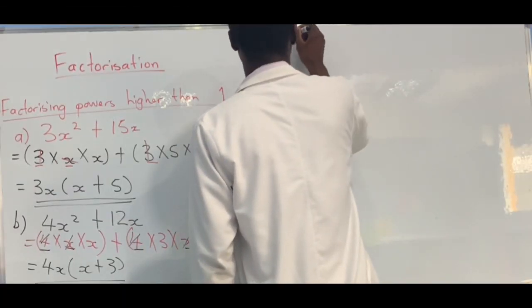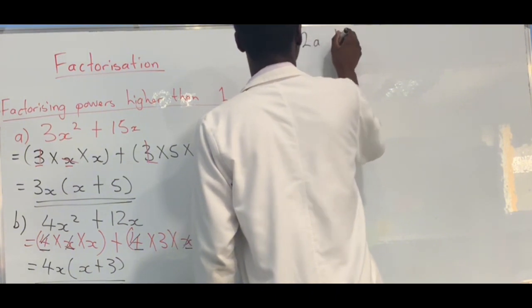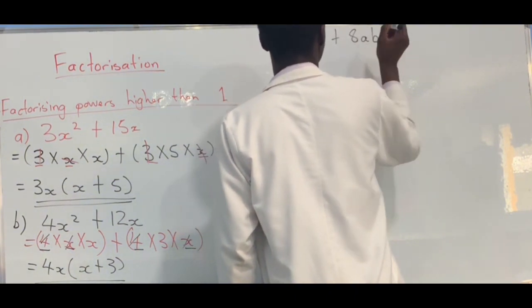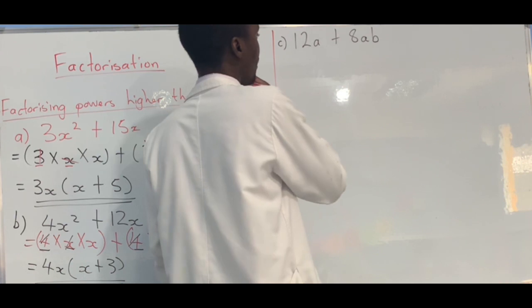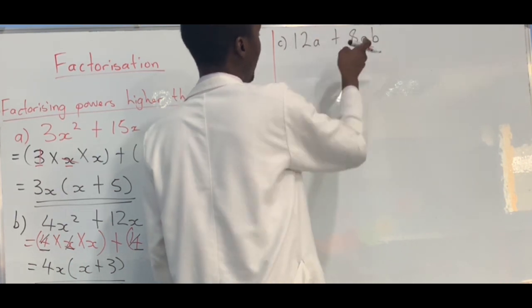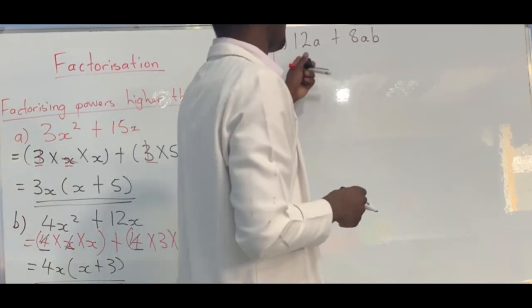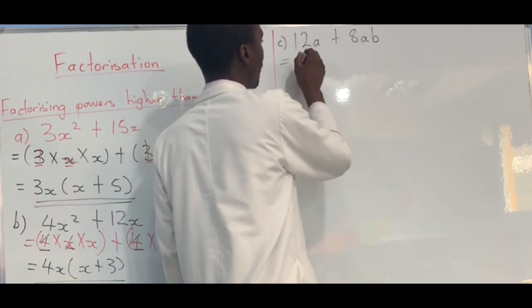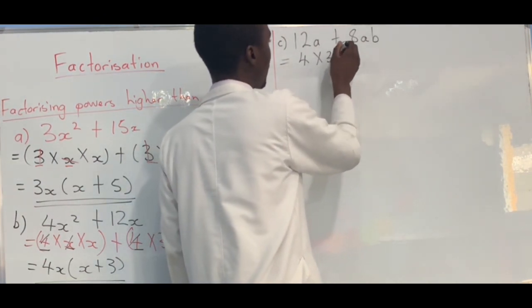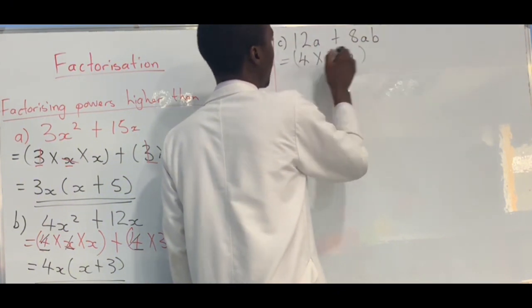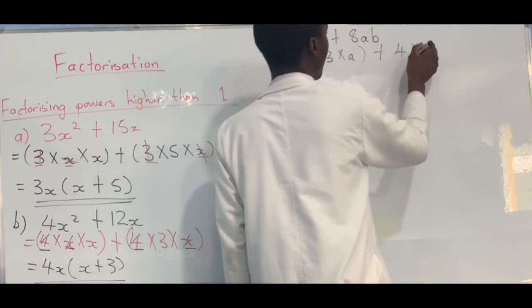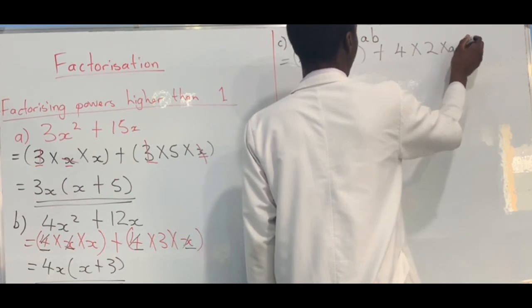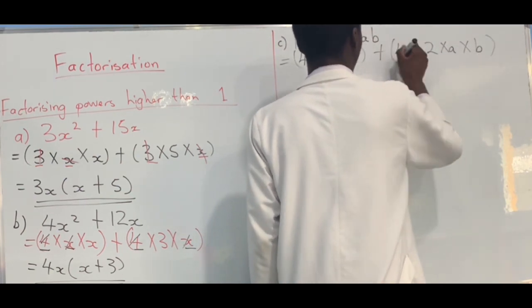Let it be like example C. 12a plus 8ab. Factorizing something like this is very, very simple. We can already see in our mind's eye that these are multiples of 4. So we can factorize this as 4 multiplied by 3 multiplied by a plus 4 multiplied by 2 multiplied by a multiplied by b.